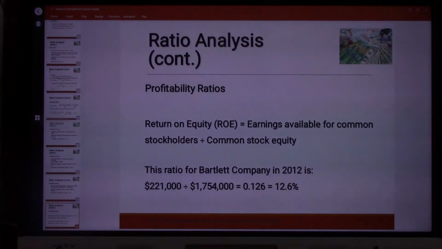It means that for every dollar invested in our equity as a fund, this is going to create earnings available for common stockholders in an amount of 12.6 cents. Almost always, you must take into consideration that the return on equity is higher than return on assets.